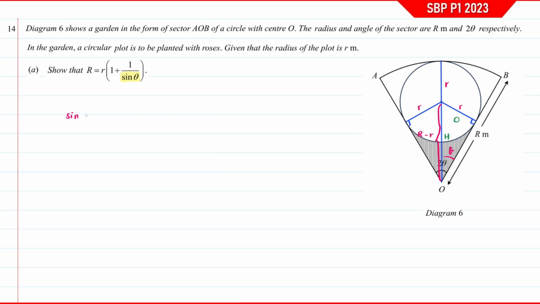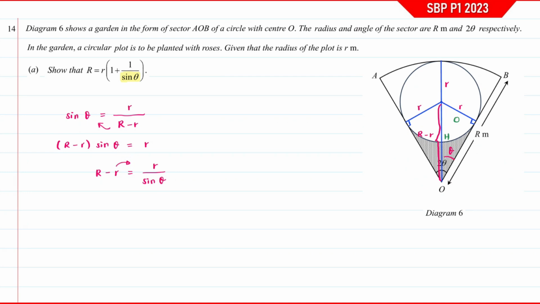Therefore, we can write sine theta is equal to small r over capital R minus small r. Next, we have capital R minus small r times sine theta, which is equal to small r. Then capital R minus r is equal to small r divided by sine theta.